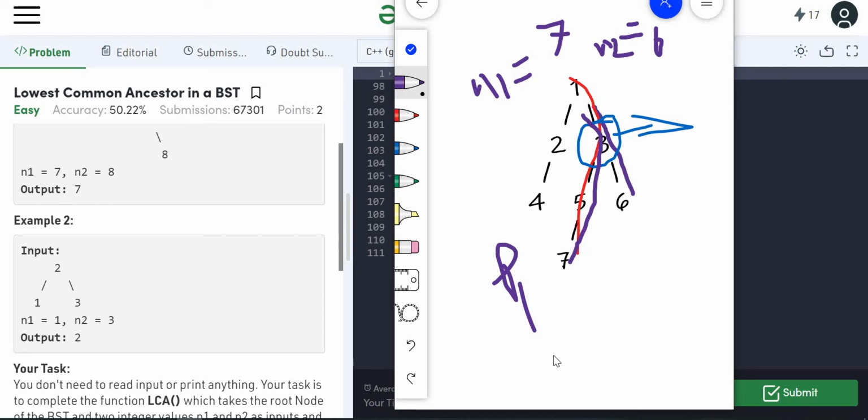And another vector p2 stores the path from 6 to 1, that is 6 to 3 then 1. Then compare these paths, and the same element, that is 3, will be your output. That is also an approach, but I am not applying it in my code, because the space complexity is much higher, as it contains extra space. So I'm just taking two node variables, one is left and another is right.